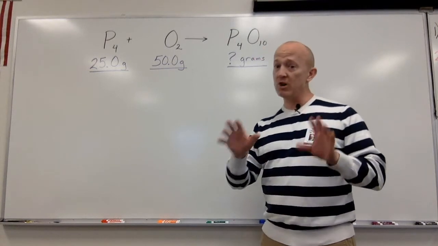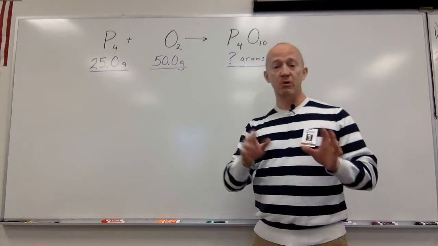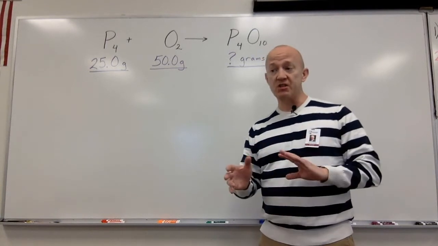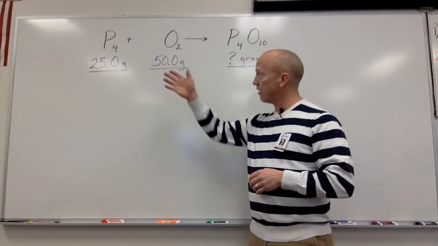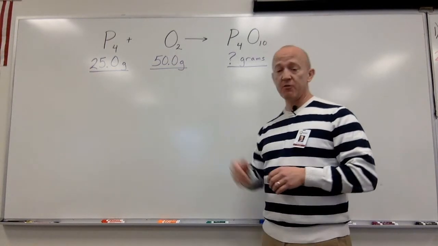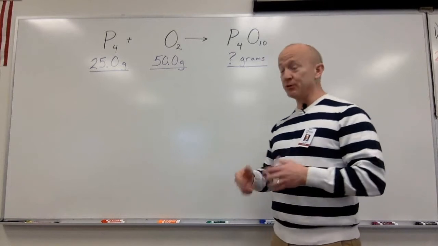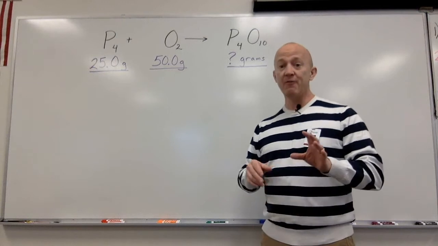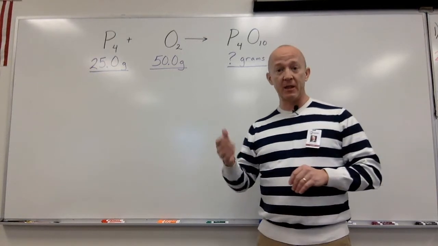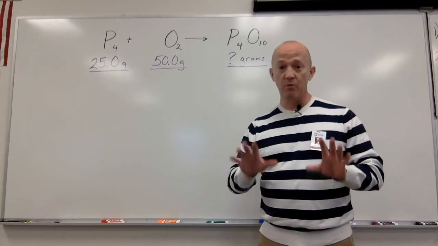Again, we don't know which one is limiting and which one's in excess. So let's use our steps involved in solving a stoichiometric problem and do one set of steps for phosphorus and one set of steps for oxygen. The one that allows us to produce the least amount of product is our limiting reactant. And furthermore, the product that we make from that limiting reactant is all we can do for this reaction.